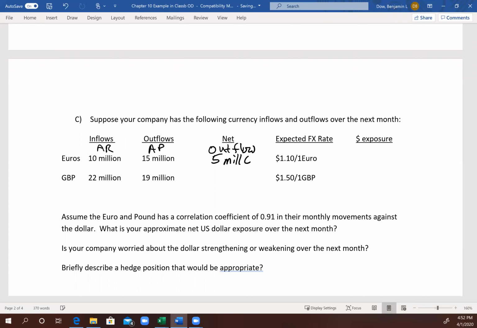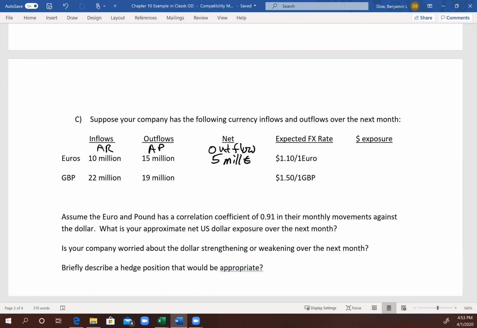of 5 million euros. So if you think about a company like PepsiCo or whatever that's doing their business all over the world, they've got bills that they're paying, they've got stuff coming in and out. And so even though they have a lot of transactions, within the course of a month, those transactions are really going to net themselves out. Now, if they have more euros that they have to pay than they have coming in, then they have some net exposure.